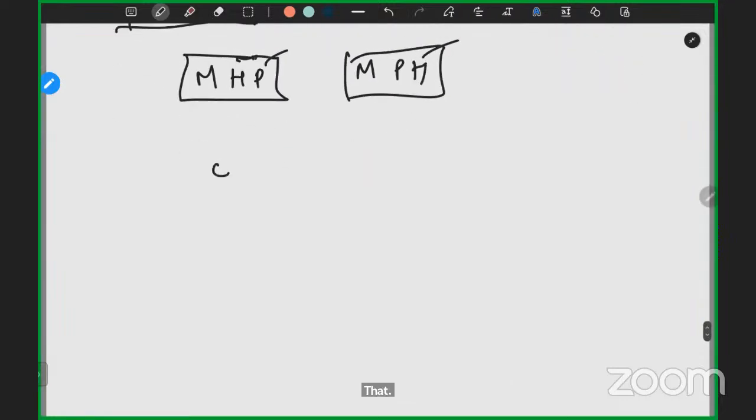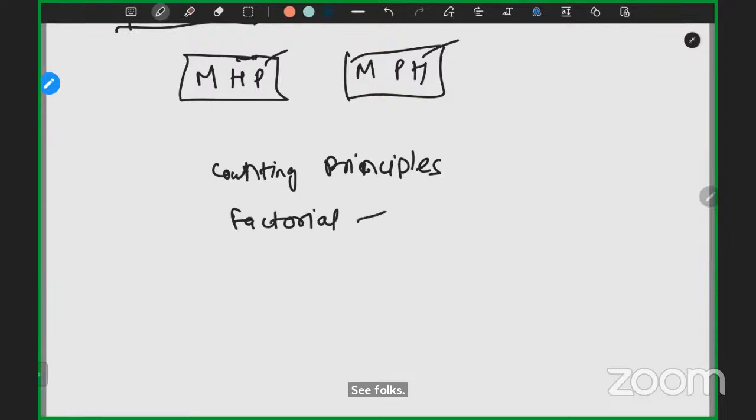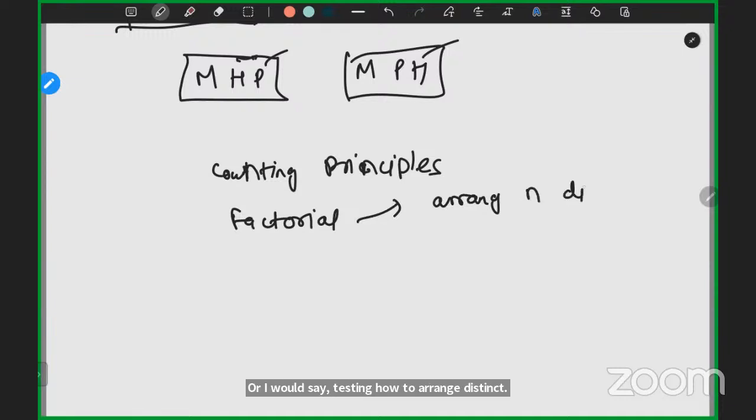So we saw the counting principles. Then we saw factorial, or I would say how to arrange distinct objects.